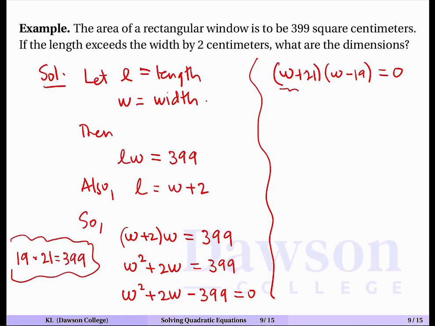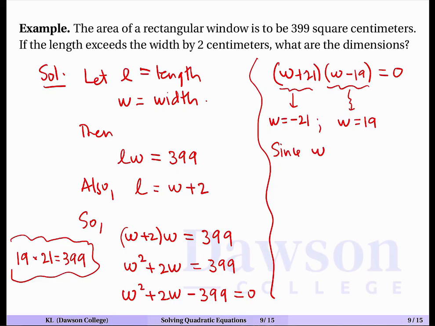From this part here, W equals negative 21. From this part here, W equals 19. But we are talking about length or width, so we can only take positive.